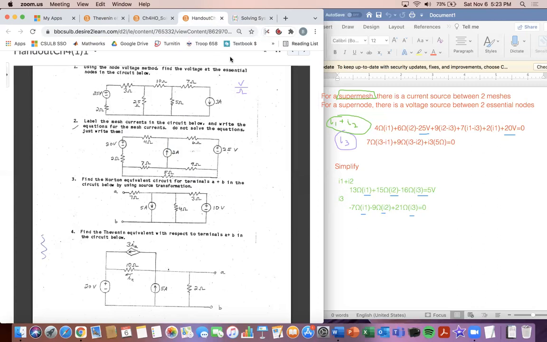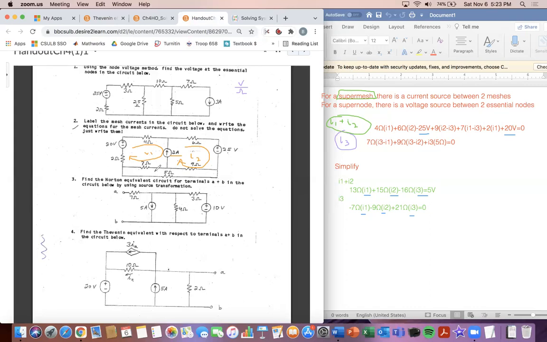And so our third equation, everyone sees this 2 amp source right here. Remember, we had our I1 here and we had our I2 here. If we look at that 2 amp current source going up, if we make one equation, the I2 is in the same direction, but the I1 is in the opposite direction.